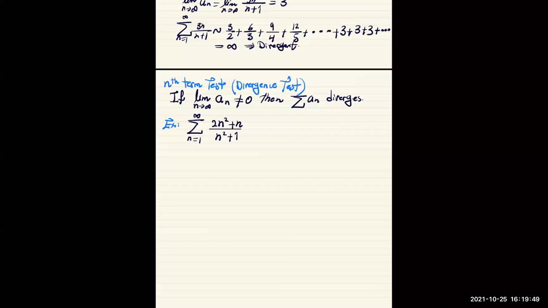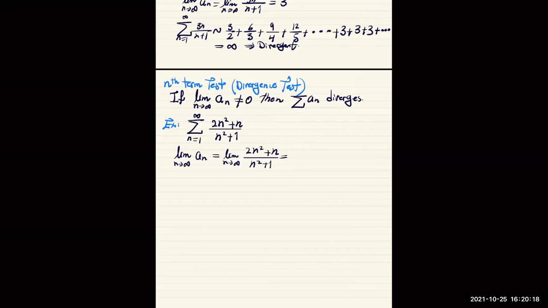But the nth term test should say that the series is divergent, because when you take the limit of the nth term, here the nth term is 2n squared plus n over n squared plus 1.